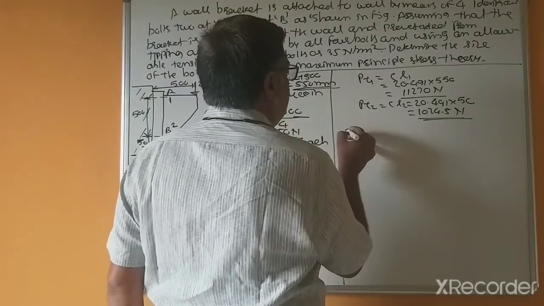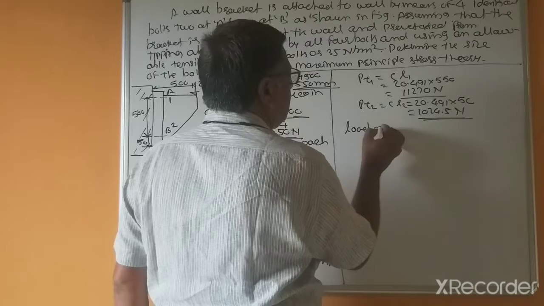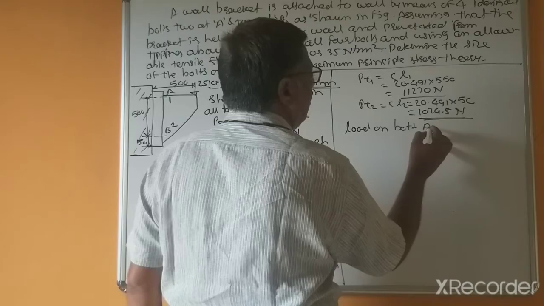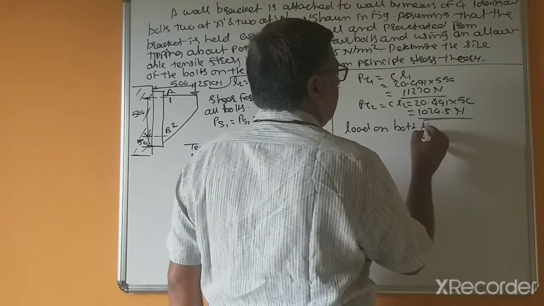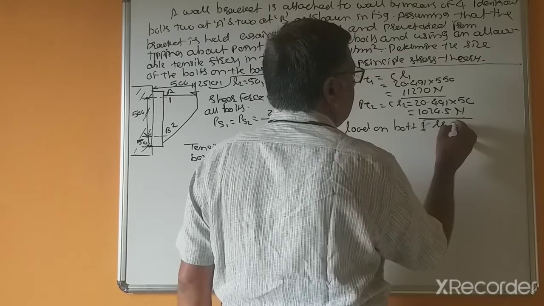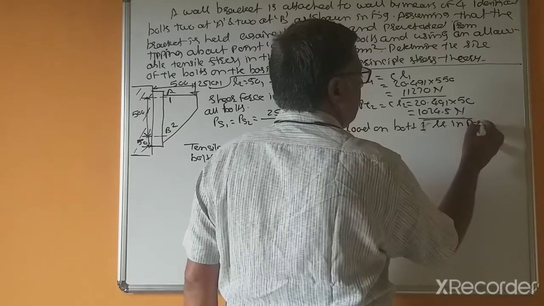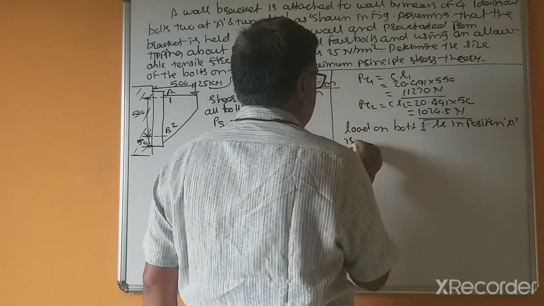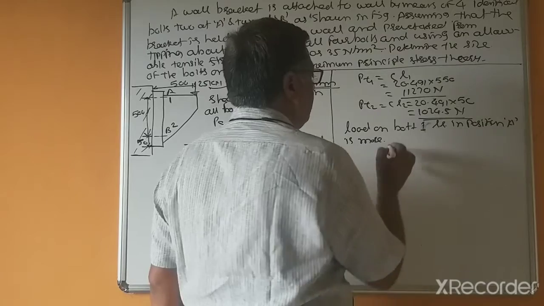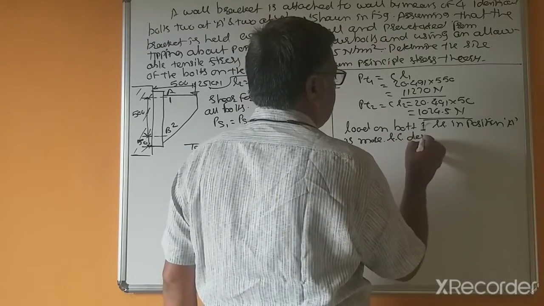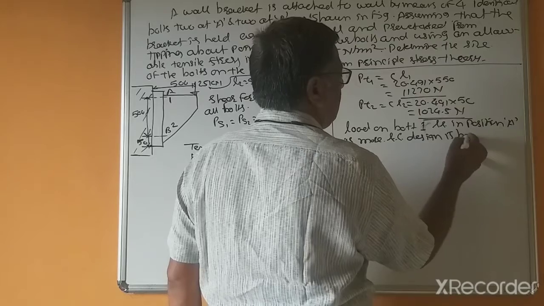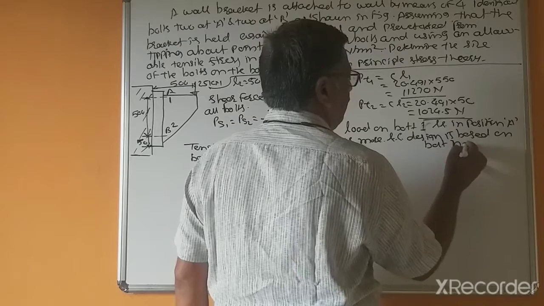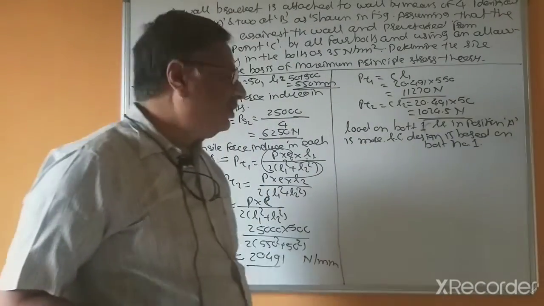So that's why the load on bolt 1, that is in position A, is more. So that's why the design is based on bolt number one. Is this clear?